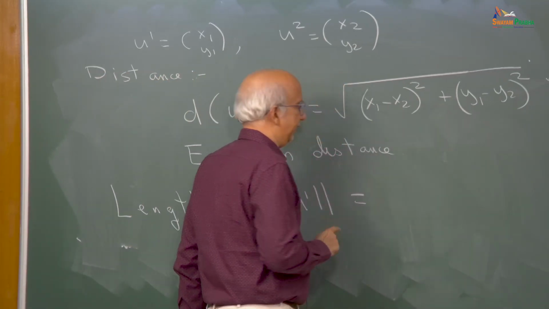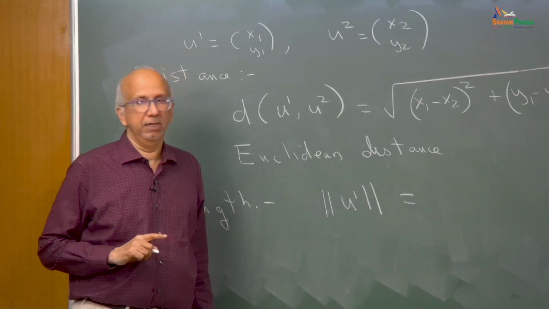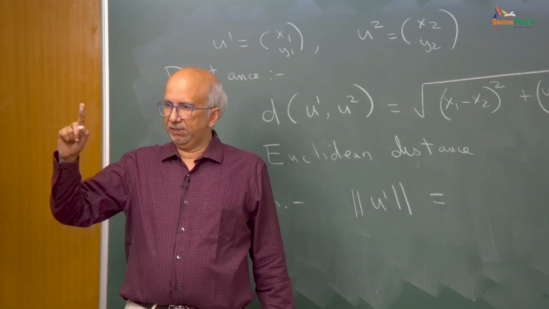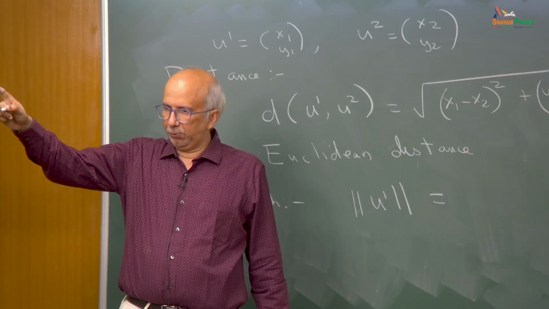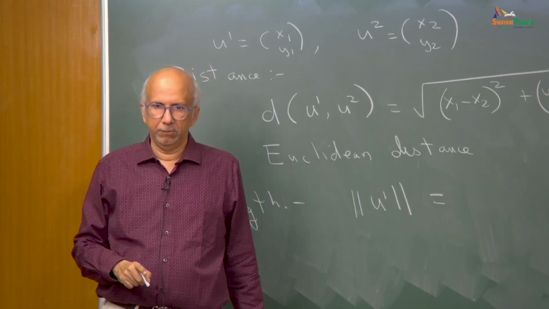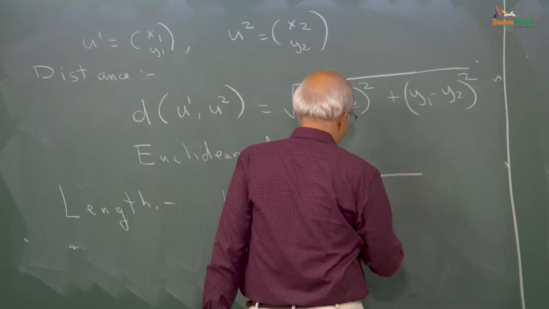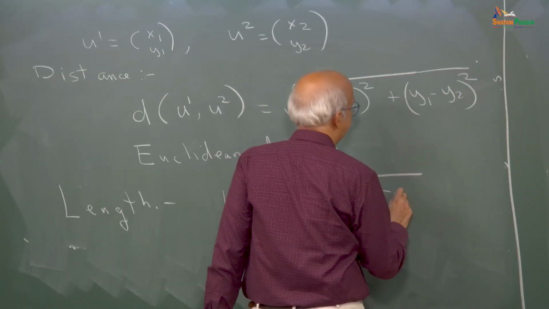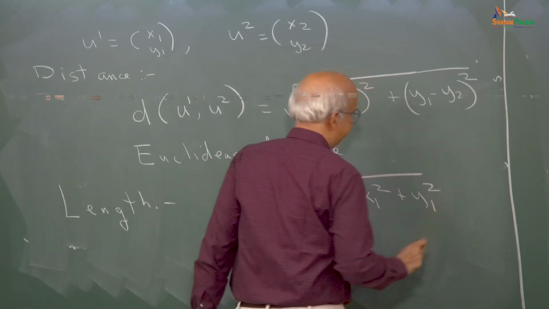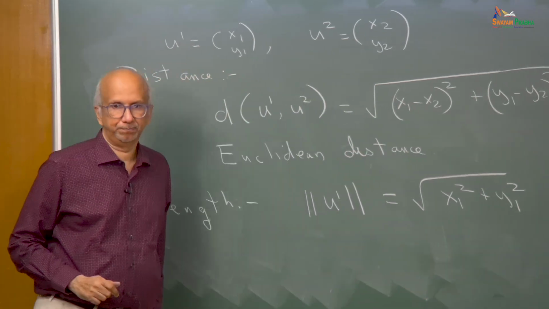The length of a vector is basically the distance of the terminal point from the origin. The origin will have coordinate 0, 0. So, this will be basically x1 squared plus y1 squared for u1.